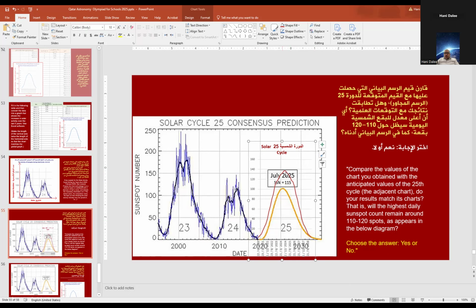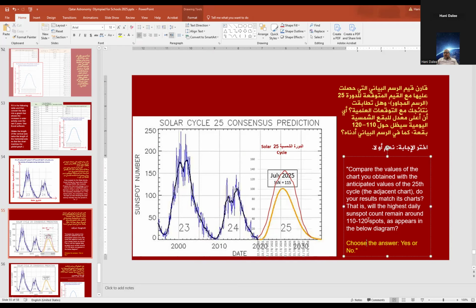I found by my results here, these are suggested, virtual results, that my results are higher than the expected results. I will choose the answer, yes or no, whether the anticipated values of the 25th cycle are more or less.